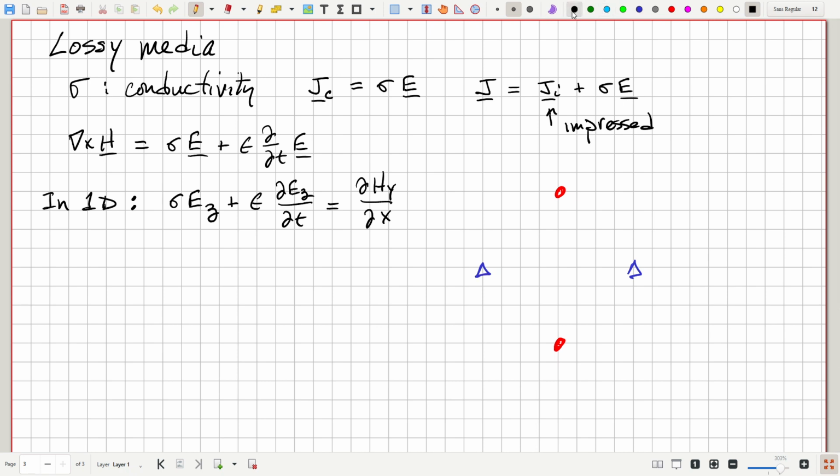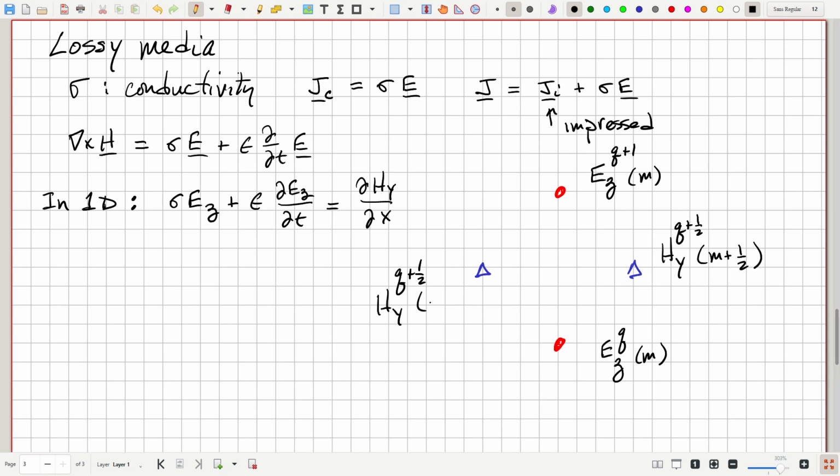This is Ez at time step q plus 1 at spatial position m. This is Ez at time step q, spatial position m. This is Hy at time q plus a half, spatial position m plus a half. And this is Hy at time q plus a half, spatial position m minus a half.